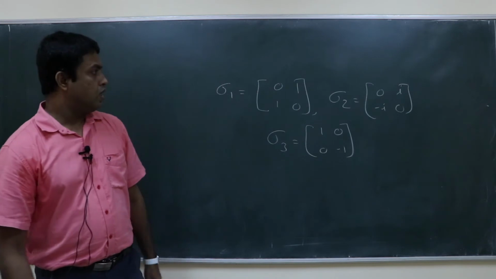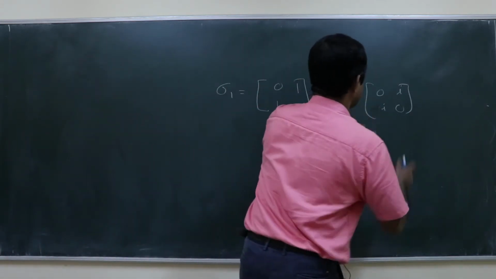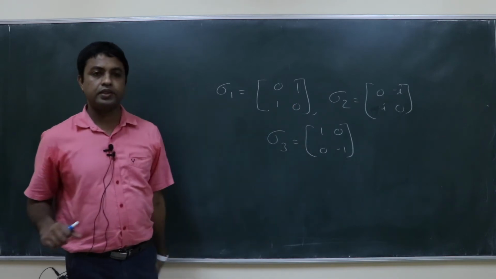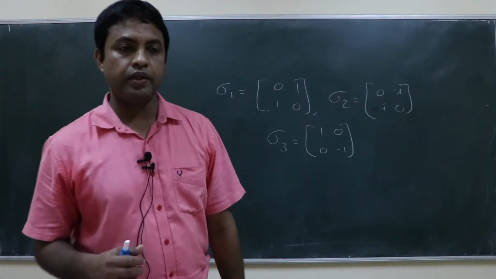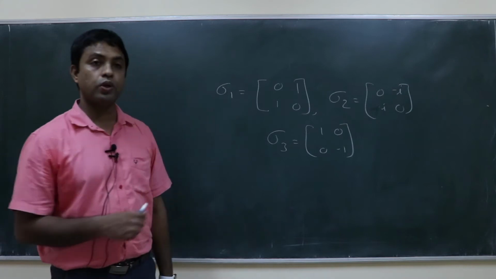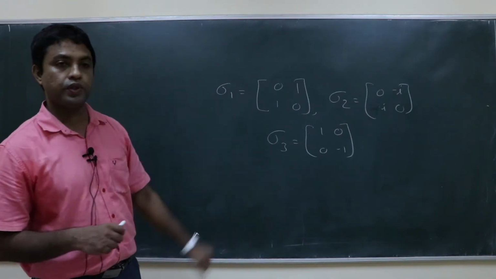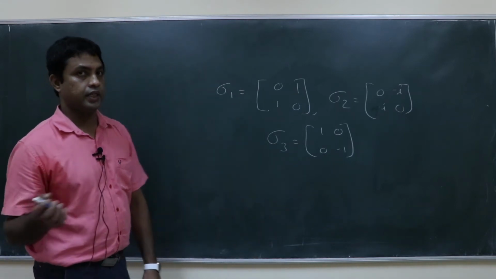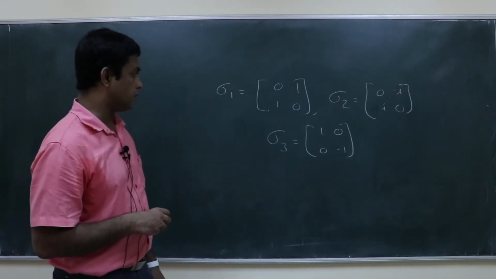Okay. So, these three matrices are called spin matrices or Pauli spin matrices. They are very useful when you talk about the electrons, okay, and their representations.